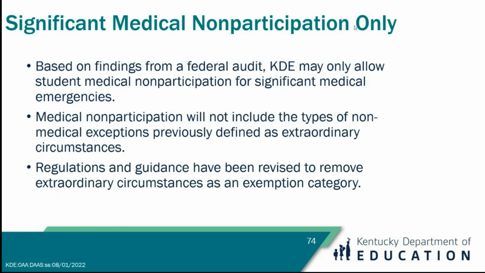As of November 30th, 2021, the 703 KAR 5:240 Accountability Administrative Procedures and Guidelines Regulation is in effect, which removes extraordinary circumstances as an exemption category. Based on the findings from the federal audit, KDE may only allow medical non-participation for significant medical emergencies.